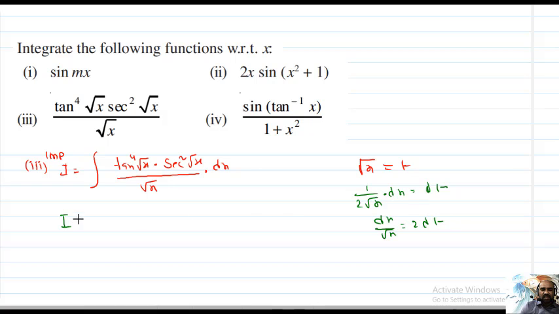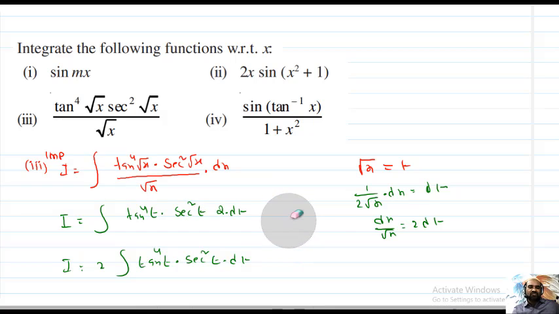Now this problem changes to tan power 4t into secant square t, and dx by root x I can write as 2 dt. So I equals 2 into the integral of tan power 4t into secant square t dt.